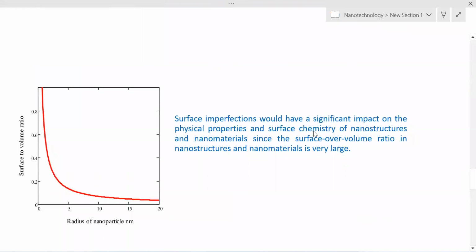So surface imperfections would have a significant impact on the physical properties and surface chemistry, because in case of nanomaterials, the number of atoms, that is the surface over volume ratio, is more compared to bulk materials. Bulk materials have large volume and the surface is small, whereas for nanomaterials the volume is less and most of the surface will be there. So the surface to volume ratio is more, hence surface imperfections would cause a great impact on the properties of the nanomaterials.